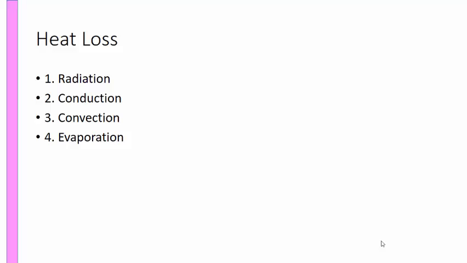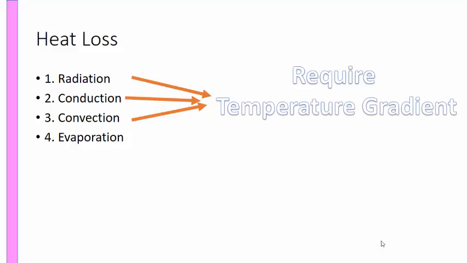And the 4 ways that we can cause heat loss to occur is through radiation, conduction, convection, and evaporation. These first 3, radiation, conduction, and convection, all work through a temperature gradient. So these 3 require a temperature gradient. Everything moves from a high to a low temperature. We've talked a lot about that with pressure, with air movement. So same thing here.